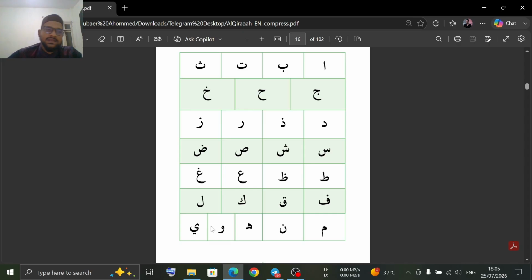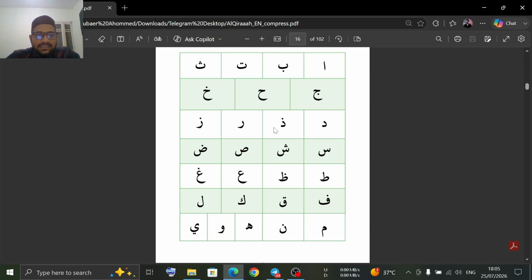Okay. A few important facts about Arabic. The Arabic alphabet has 28 letters. Arabic is written from right to left, unlike English, which is written left to right.